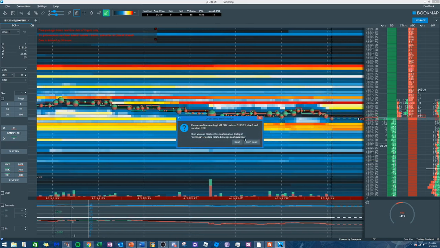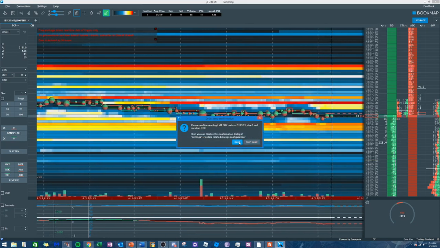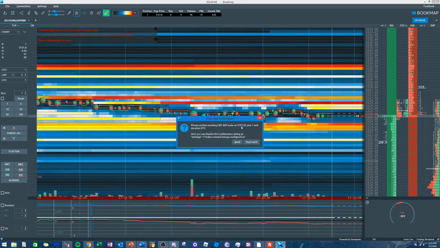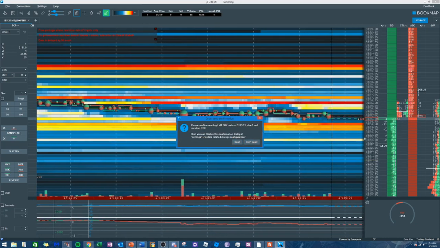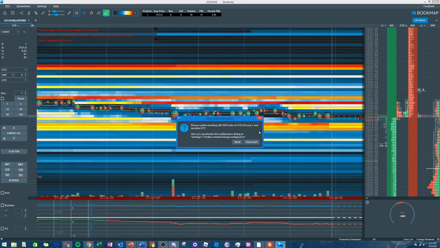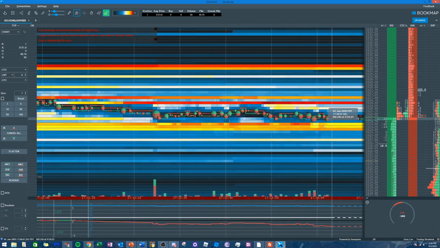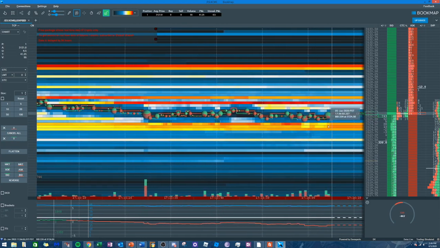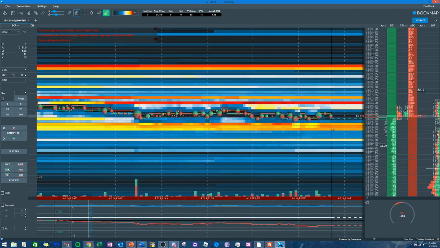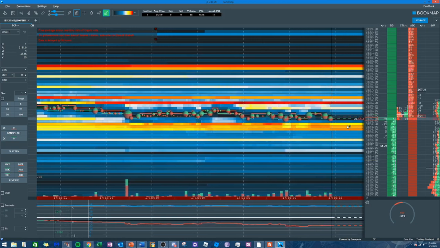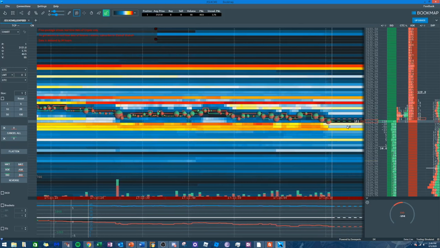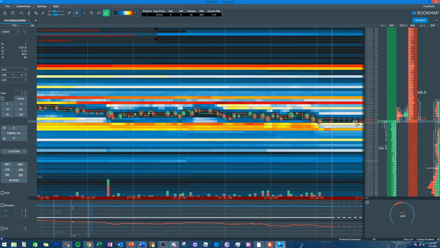You place a limit order to buy, and then it will get you in at 31.2325, which is this price right here. Like I said, the more red in tone the color is, the higher the number of limit orders that are present at that particular price.